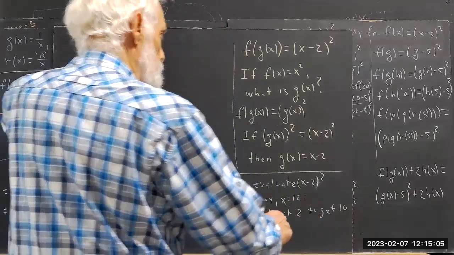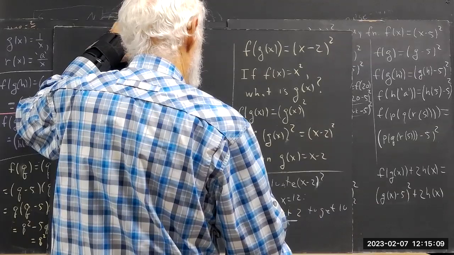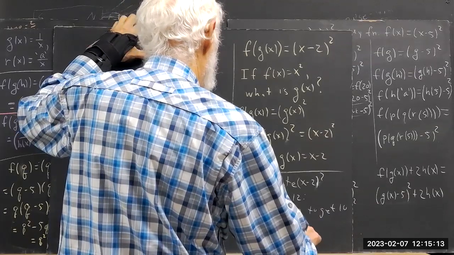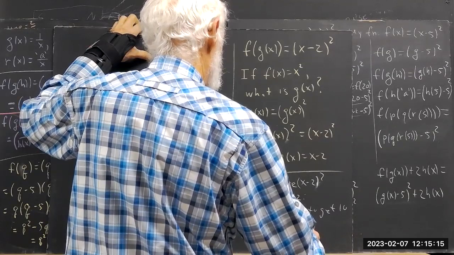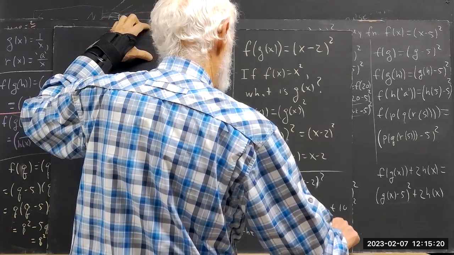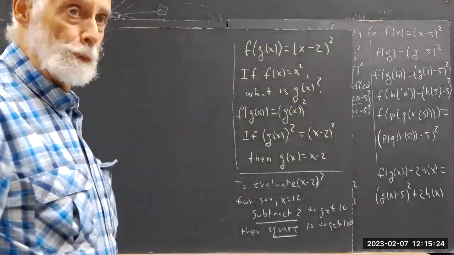If x is 12, you subtract 2, then square 10, you get 100, right?